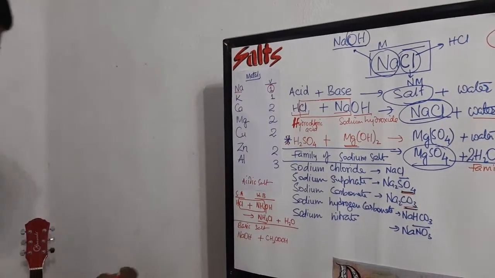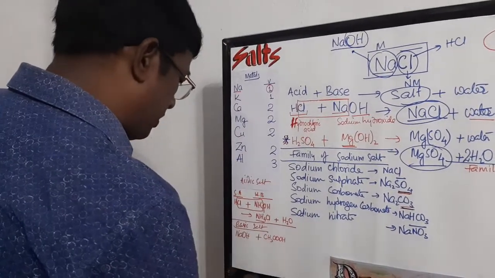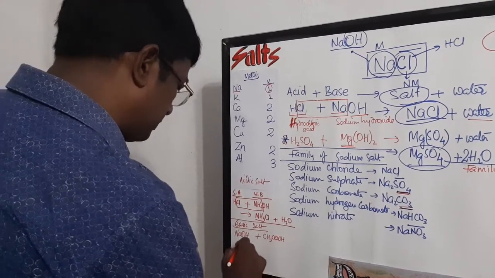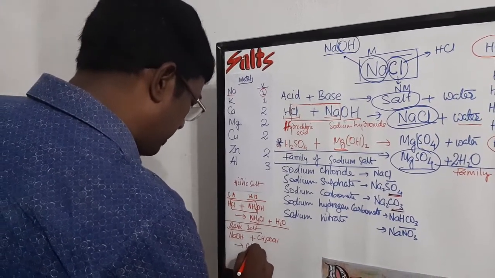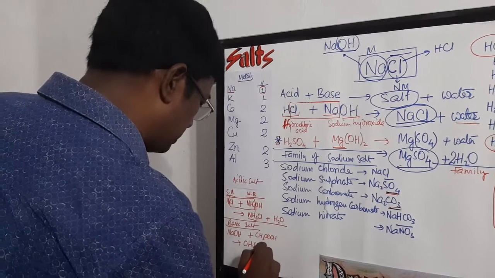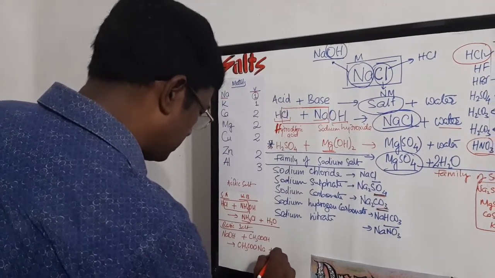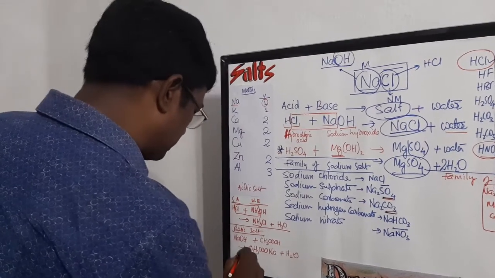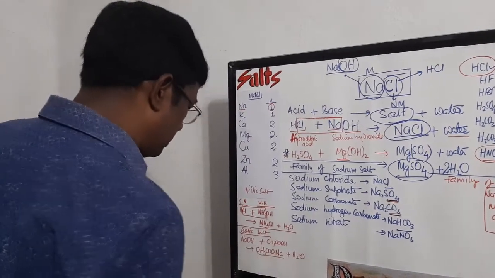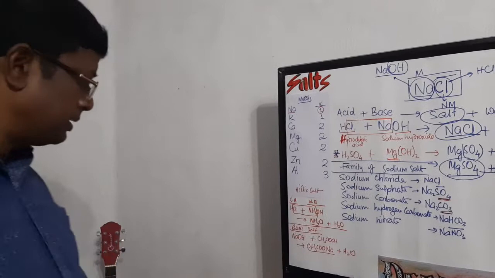When you combine them, then what happens? Sodium acetate is formed, CH3COONa plus H2O. This is a basic salt. Sodium acetate is a basic salt.